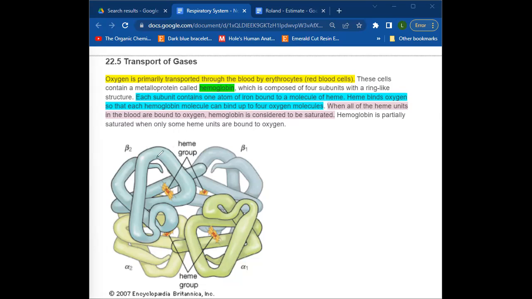So let me actually write that. We have oxygen, oxygen, oxygen, oxygen. So because each iron can carry an oxygen, then technically that means the hemoglobin can carry up to 4 oxygens at a time.